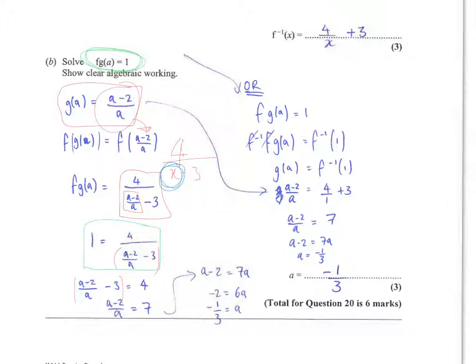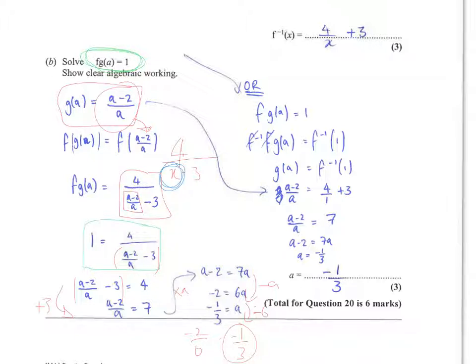Next step, add 3, times by a. That would cancel out the divide by a. Rearrange to bring the a's to one side, so minus an a, and finally divide by 6, which leaves me with minus 2 over 6, the same as minus 1 over 3.